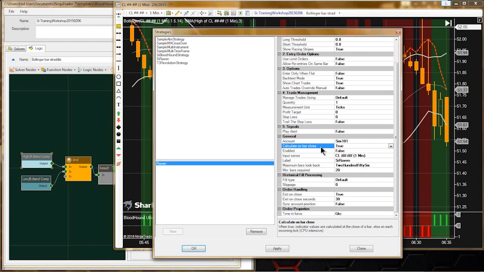The only way NinjaTrader has to backtest a strategy when this is set to false is that you have to use market replay data. That's the one requirement. Okay, George, maybe that's the little piece that you're not understanding about NinjaTrader there.